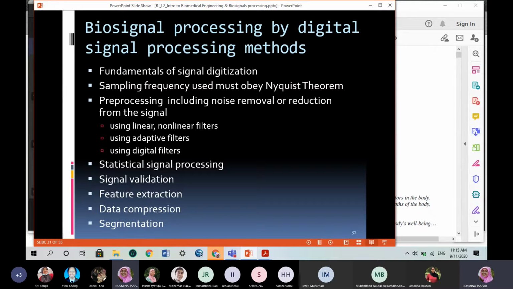Hidayah, she has shown ECG signal processing for her PhD work, where she focused on identification of the feature for atrial fibrillation. So her reference signal is ECG, her signal of interest is PPG.